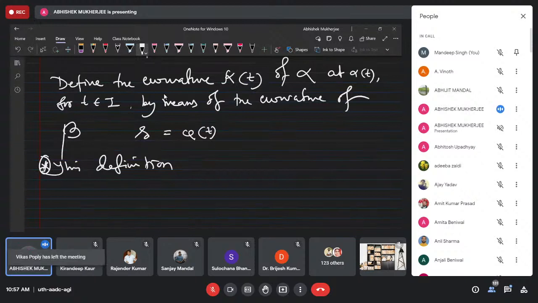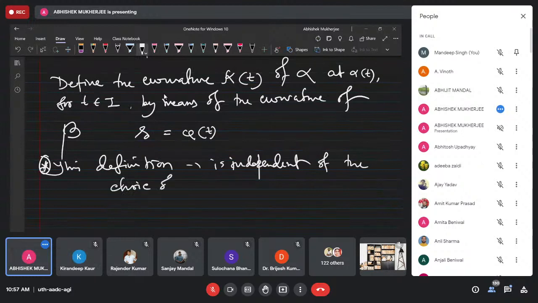We should note that this definition of curvature of the regular parameterized curve alpha having arbitrary parameter is independent of the choice of beta.